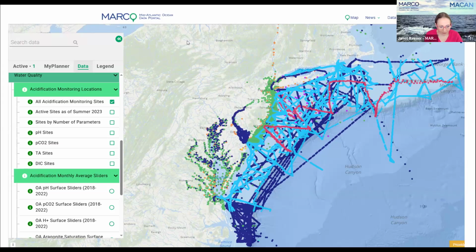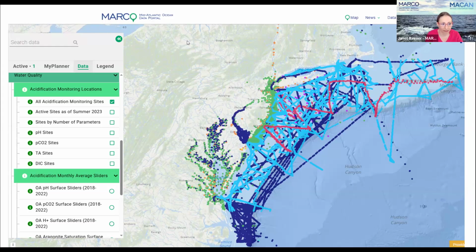I did screenshots because I just wanted to make sure that I didn't have any problems with clicking over to the website and the layers potentially loading at a slow speed. So this particular map is under, as Carl mentioned before, the water quality drop down, where all of the acidification data is.